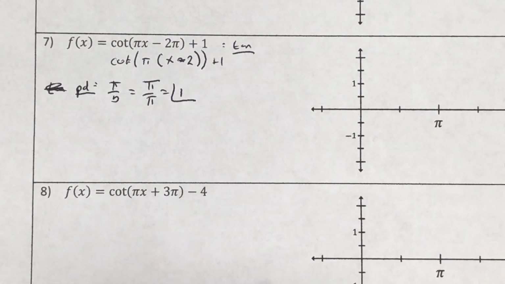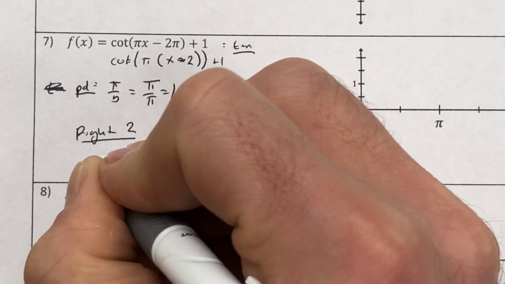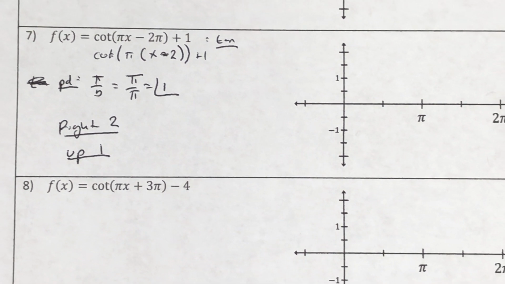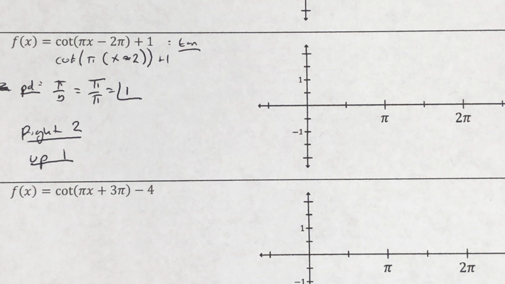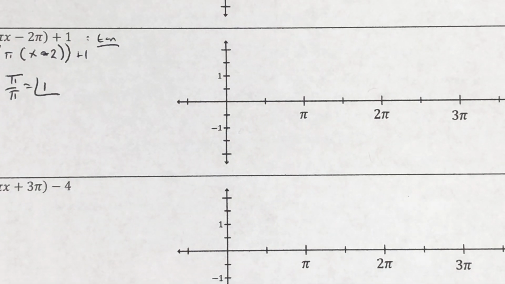So we're going to have a lot of drawing going on here. The other thing is I have a right shift by 2 units, and I have an upward shift by 1 unit. So be prepared. This graph is going to be a very tightly drawn graph. Again, mainly because we shrunk that period.